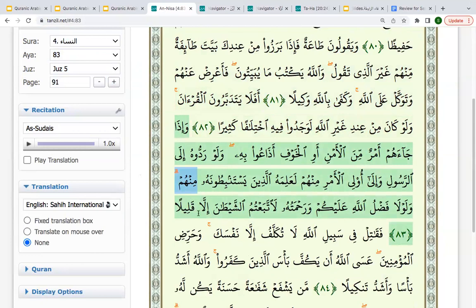For now, just keep in mind that this is the ending of your jawabu shart. I will say minhum may be connected to allazina, but we will talk about it later. For your practice, just remember that alimahul lazina yastambitunahu minhum is going to be your jawabu shart. Okay, is this clear to each and every one of you?